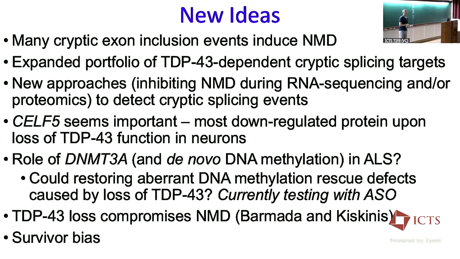And from your talk, one thing I did not understand is how TDP-43 is getting out of the nucleus all the time. Are those cryptic exons doing something to take it out of the nucleus? How is it getting out of the nucleus and aggregating in the first place? Yeah, that's the major focus of the entire field now, figuring out what's the triggering event that causes the loss of TDP-43.